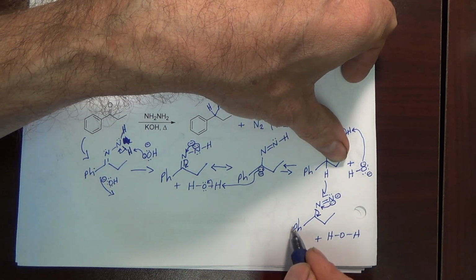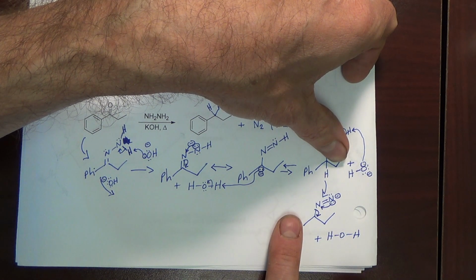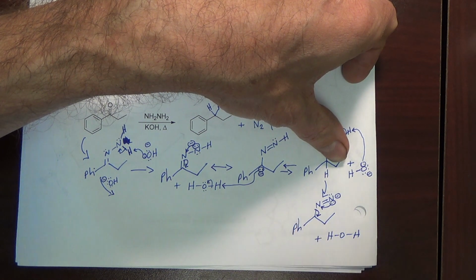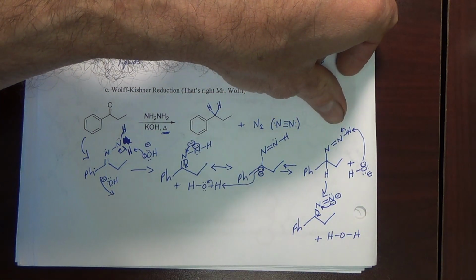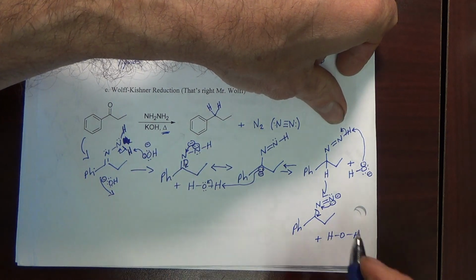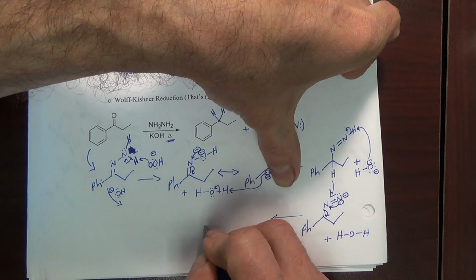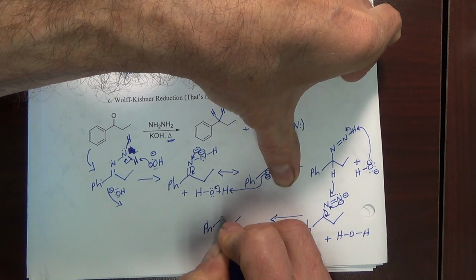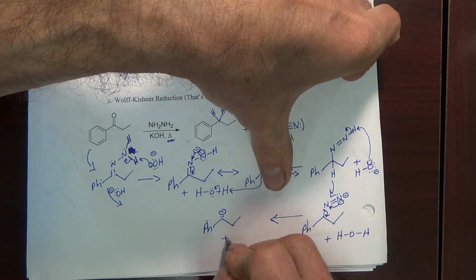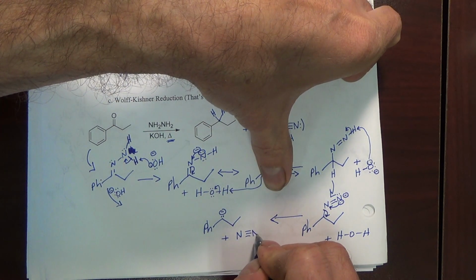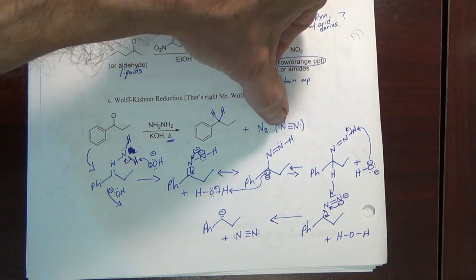In this case it is resonance stabilized, but you do not have to have a benzene ring here or resonance to do this. But you do typically need high heat. And usually Wolff-Kishner requires like 200, 300 degrees. But that will give that plus nitrogen, triple bond nitrogen. And there is our nitrogen gas we said we would form.